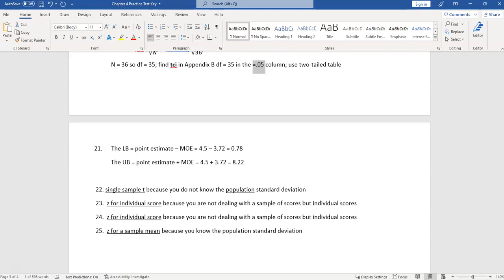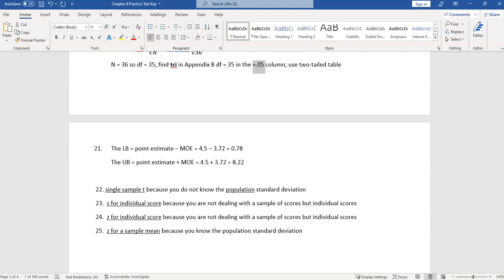It's really not that complex at this point. What you're looking for is whether the question is asking about a sample mean or not. If it is asking about a sample mean, then it either has to be a single sample t or a z for a sample mean. And the way you decide between those is whether or not you know the population standard deviation.